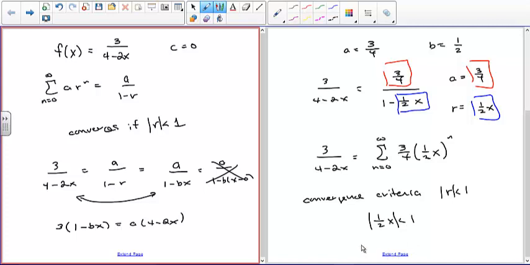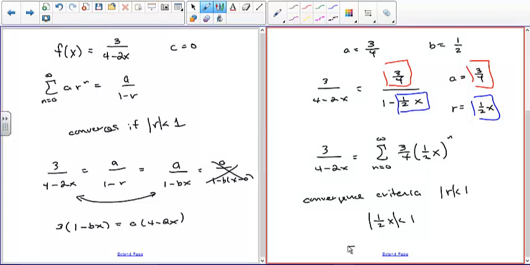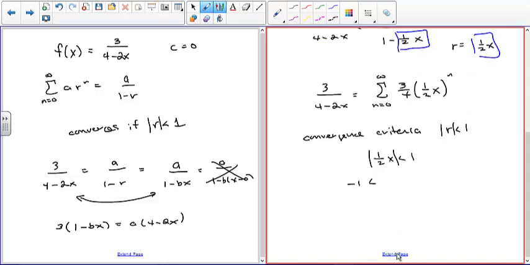So that means that in this case, we can rewrite it as this kind of inequality. And if you multiply both sides by 2, you get -2. So this particular series representation of the original equation converges between -2 and +2.